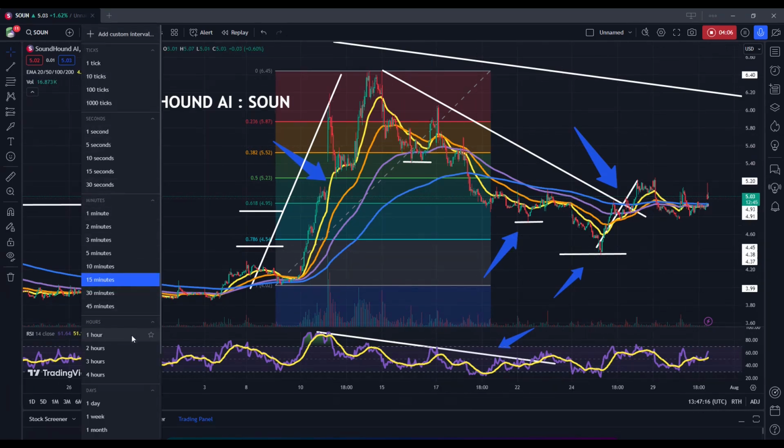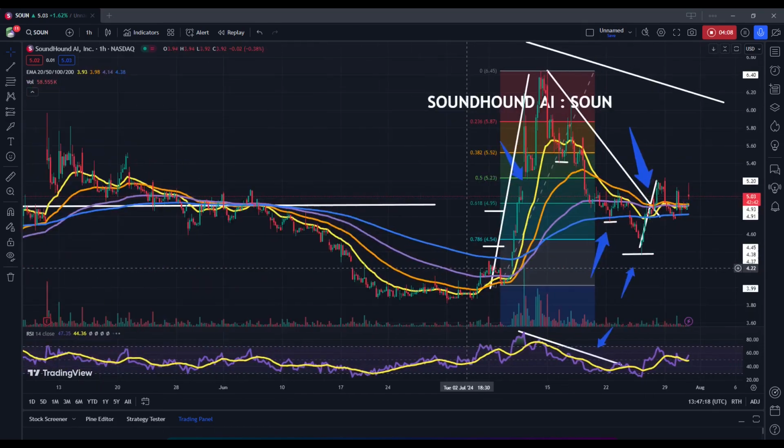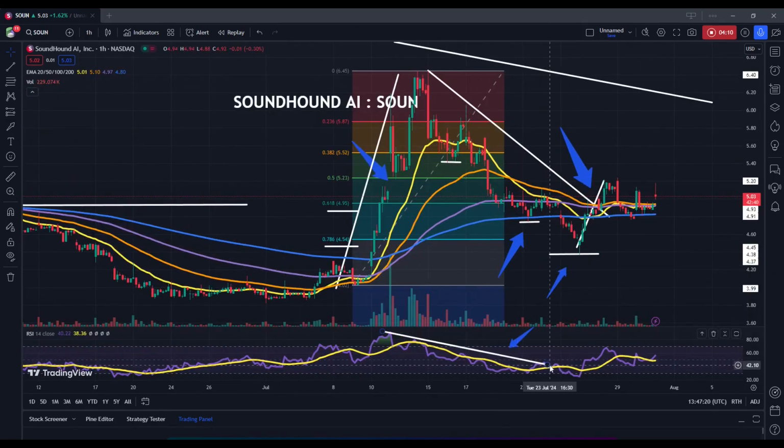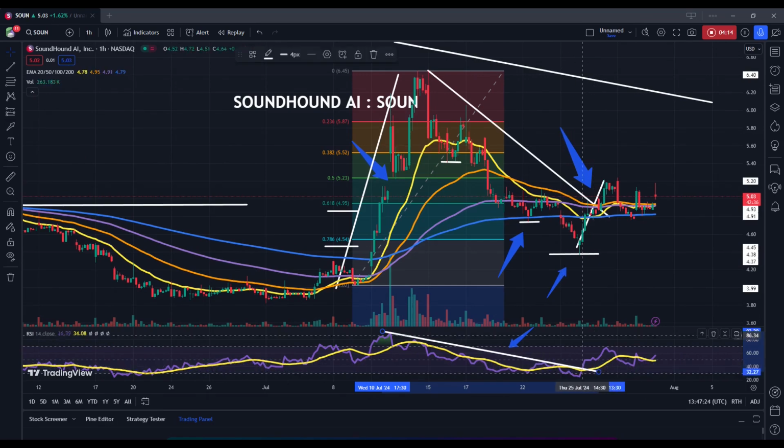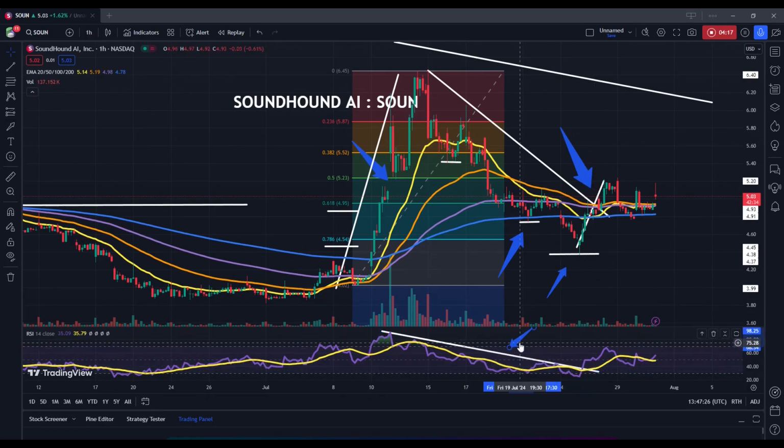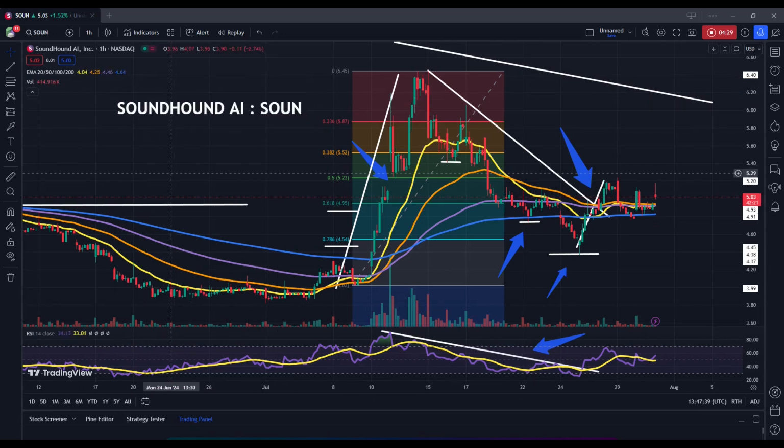So we can currently take a step back here, try to get a bit of a longer term view. We're now looking at the hourly chart, and we can see some of these similar events are still occurring. For the most part, we can start by looking at this reading in the relative strength index, which does show a downtrend condition, a negative momentum condition, which now has been broken to the top side.